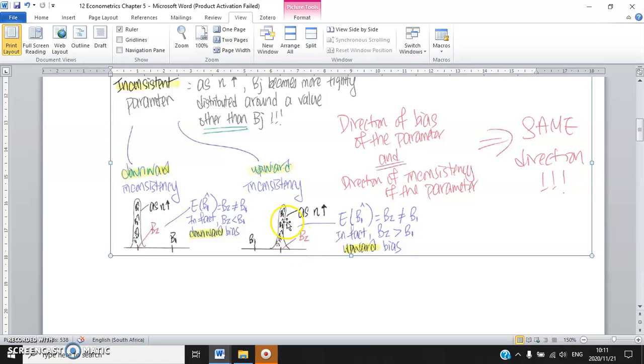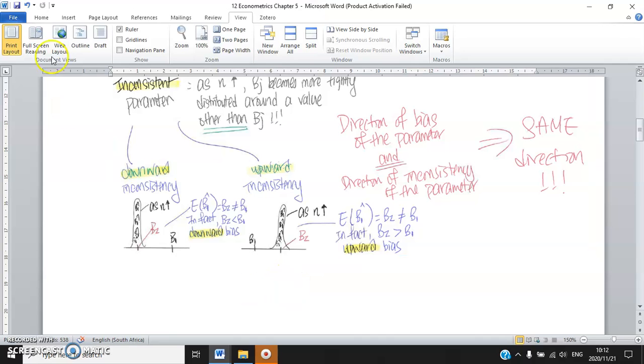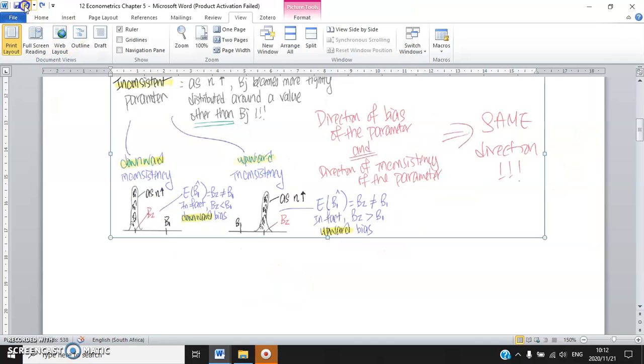So my B1 hat would, even if I increase my sample size, all converge to BC, which is much greater than the true B1. Then I suffer upward bias in the slope parameter and also upward inconsistency in the parameter. Okay, I hope you are happy with this.